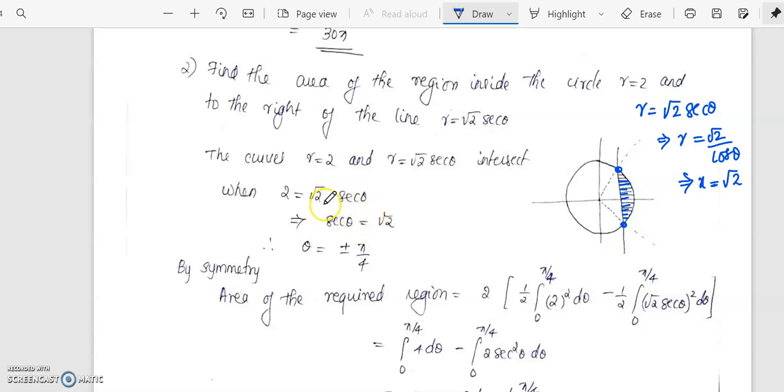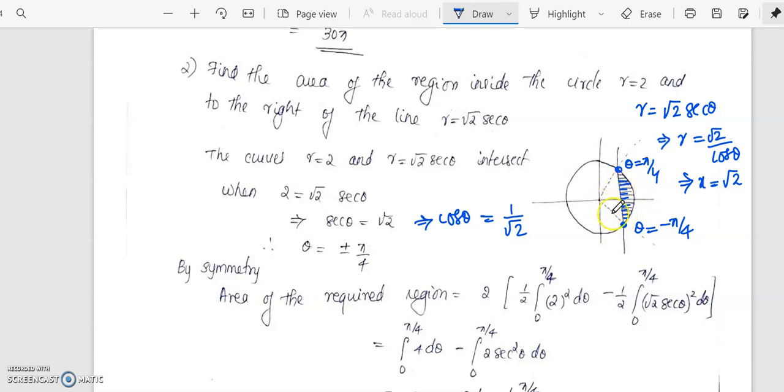So root 2 will cancel off. We'll get sec theta equal to root 2. Now sec theta will be equal to root 2 when cos theta equal to 1 by root 2. So that is for theta equal to pi by 4 or minus pi by 4. So this is going to be the angle. So this is theta equal to pi by 4 and this is theta equal to minus pi by 4.